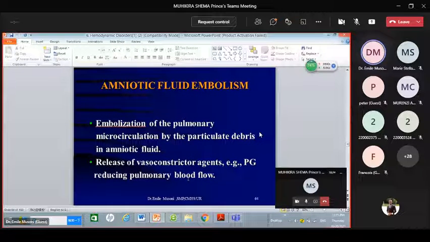So in that case, there is embolization of the pulmonary microcirculation by debris of amniotic fluid, and release of vasoconstrictor agents like prostaglandin reduces pulmonary flow. In this case, most of the time, it is a sudden death for the patient.